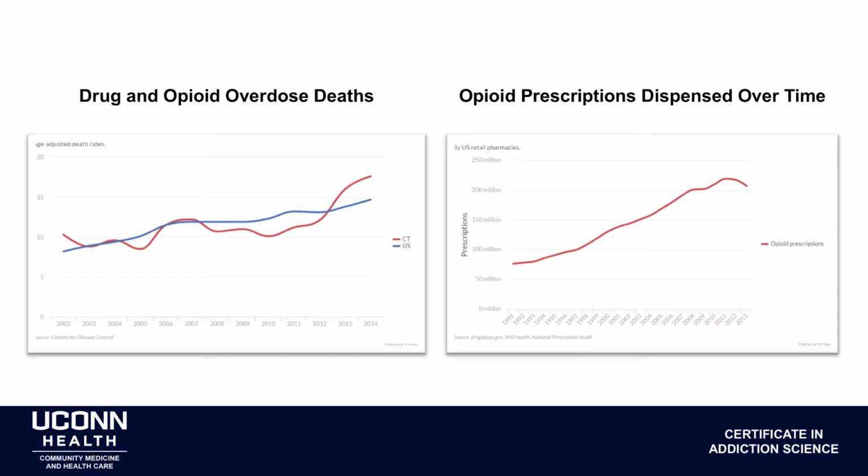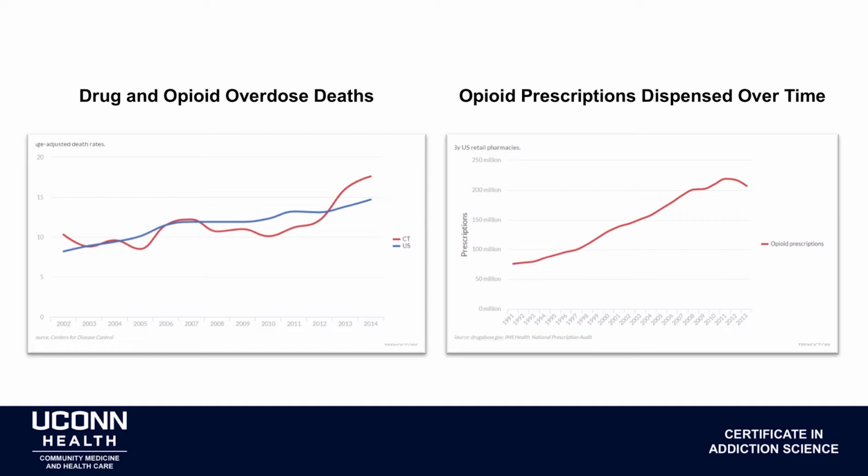So here's a chart that shows the increase in overdose deaths in the United States and in the state of Connecticut, which has been quite studied and meets the classic epidemiological definition of an epidemic, increasing rates.